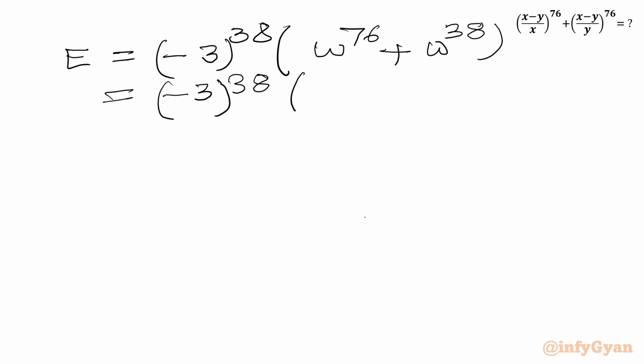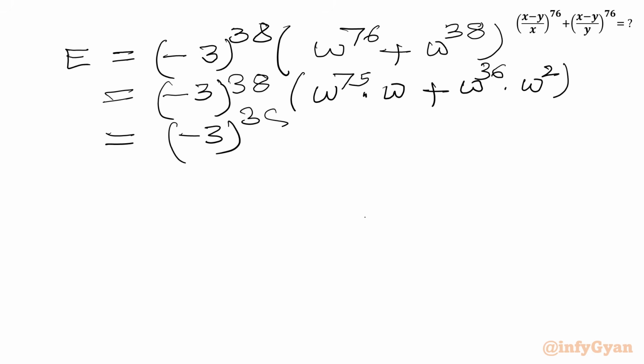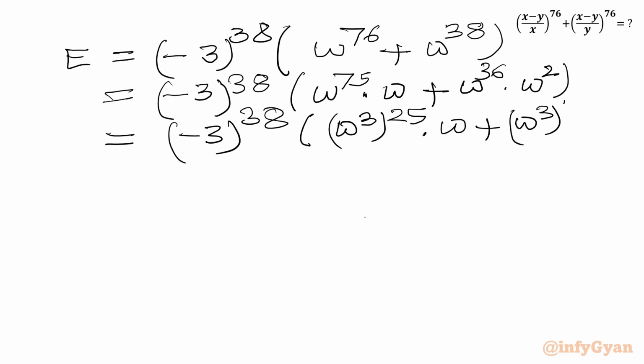Here we will split 76 as 75 plus 1, so we can write ω⁷⁵ times ω, plus 38 can be written as 36 plus 2, so ω³⁶ times ω². This equals (−3) whole power 38 times (ω³)²⁵ times ω plus (ω³)¹² times ω².